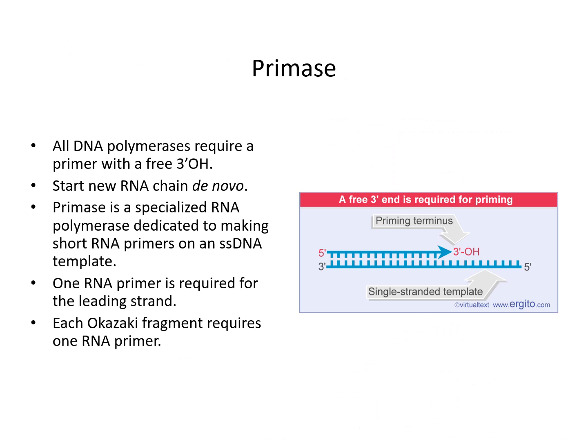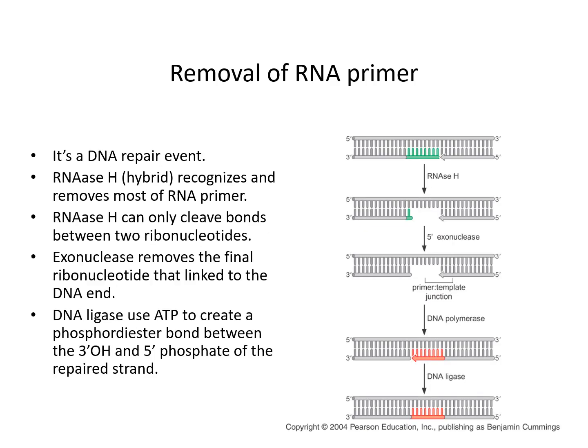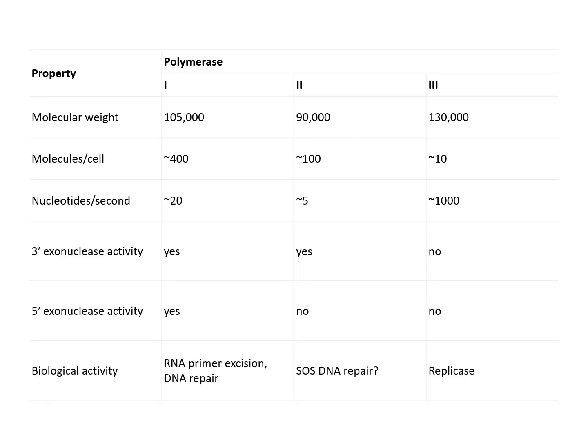Okay. And primase provides a 3' hydroxy group to initiate the DNA synthesis. All right, and then we have the exonuclease or RNase H that can remove the RNA primer. And then polymerase 1, 2, 3. As I mentioned, the main polymerase is DNA polymerase 3, responsible for the DNA synthesis.